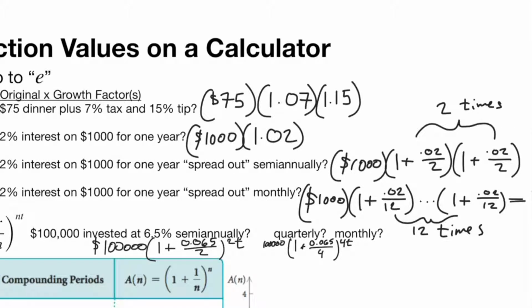That means 2 times. Well, you get half of your 2% interest once, and then half of it again the next time. So basically, the formula becomes $1,000 times 1 plus half your interest, and then again 1 plus 0.02 divided by 2. That's half your interest.